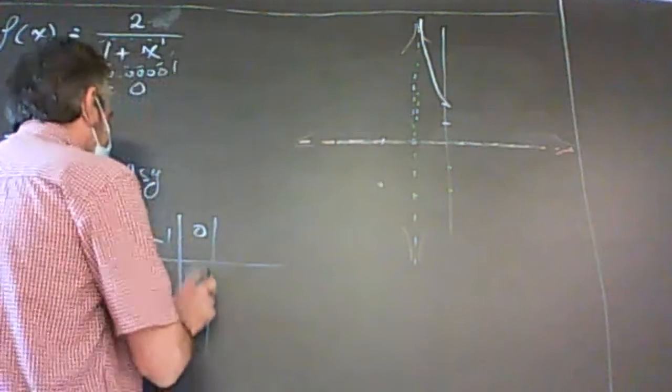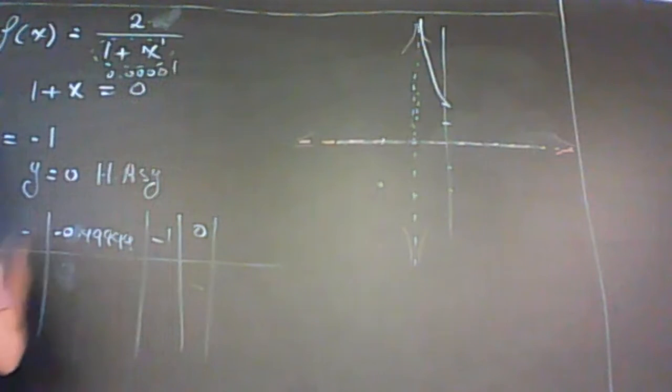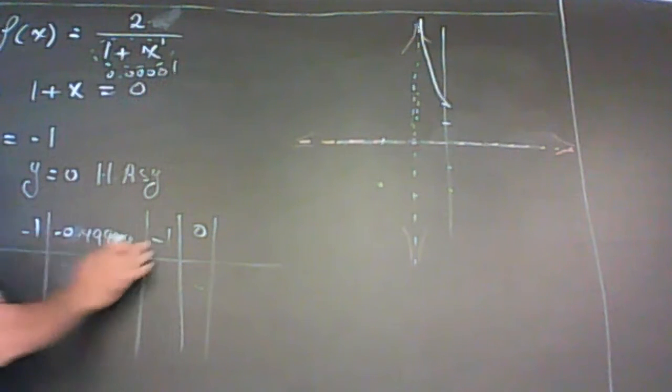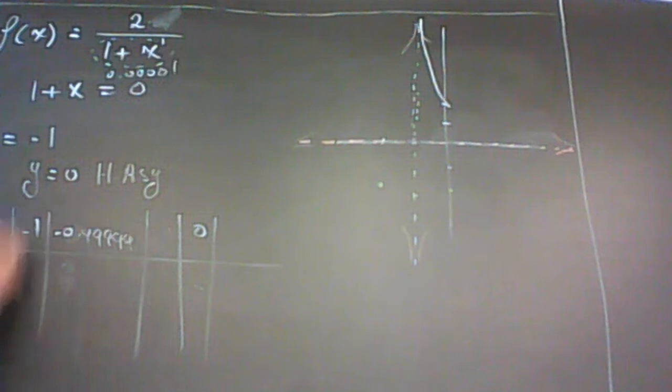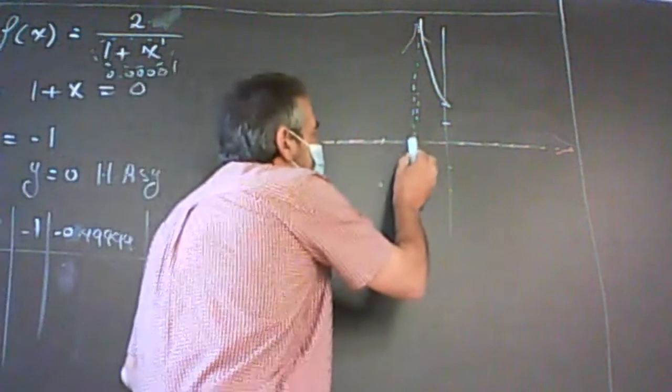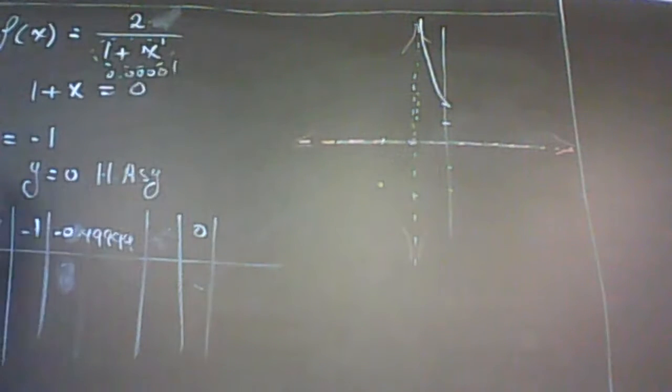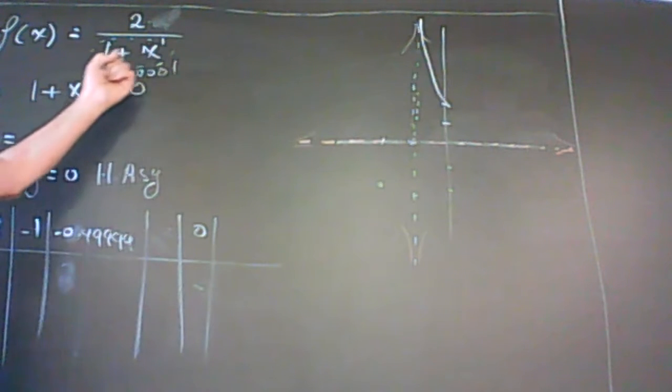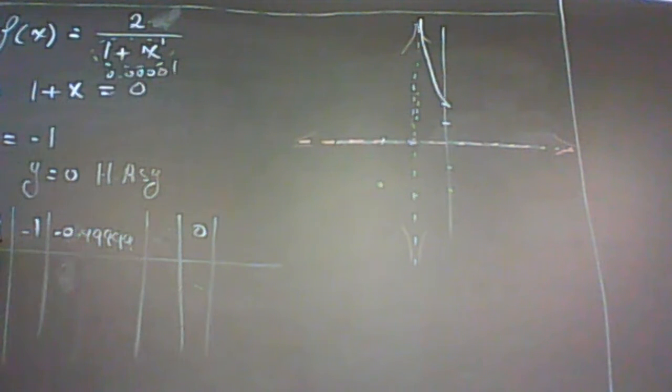Now, what happens on the other side? So let's go ahead and say, I should have put the negative 1 on this side. Let's say now we're going to use on this side, let's say negative 1.00001. Okay? What's going to happen? When I say 1 plus a negative number, notice this number is a little bit bigger than 1, correct?